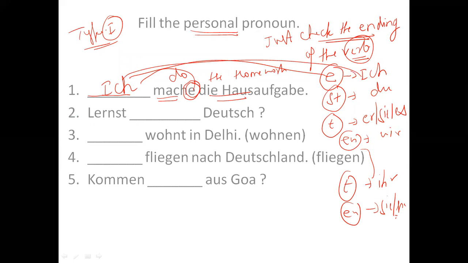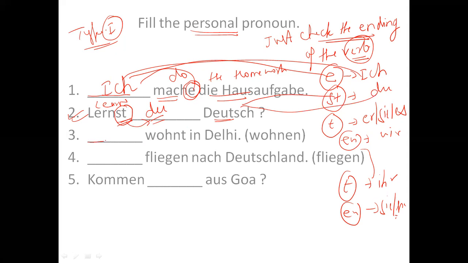Then in the second blank, it says lernst Deutsch, so it says, are you learning German? So the answer should be du. And why du? Because st is an ending, and whenever you get st as an ending, the answer should be du. This is what we have just discussed.